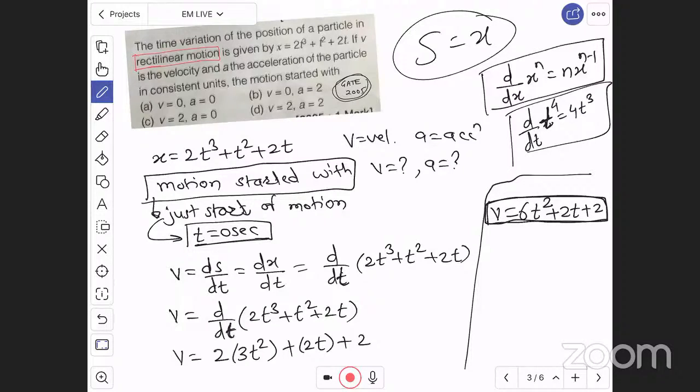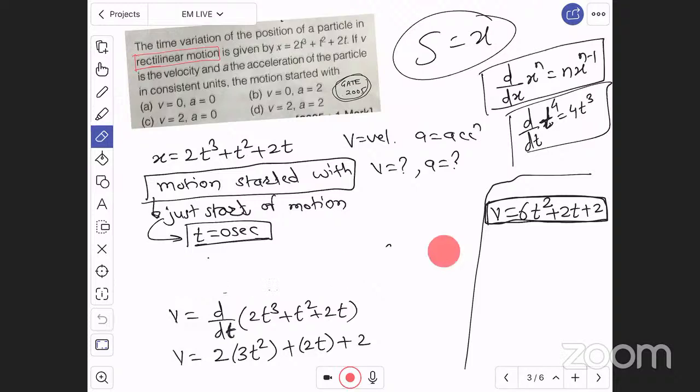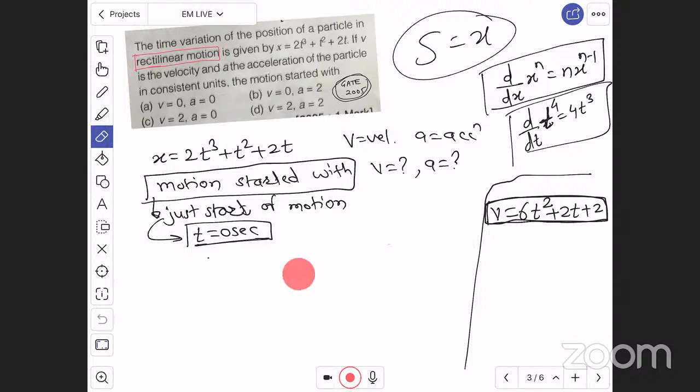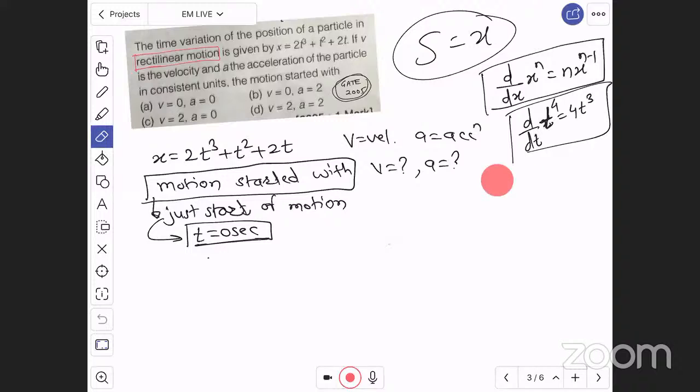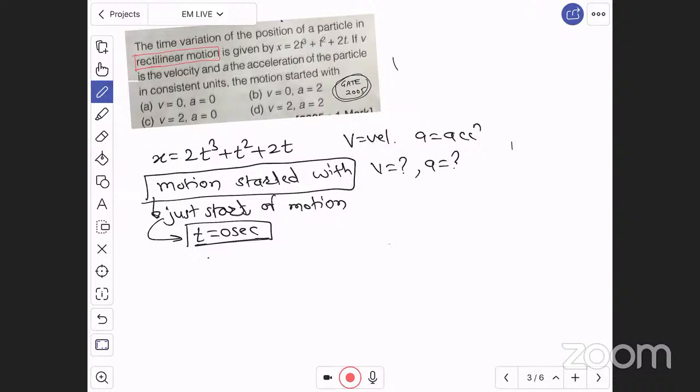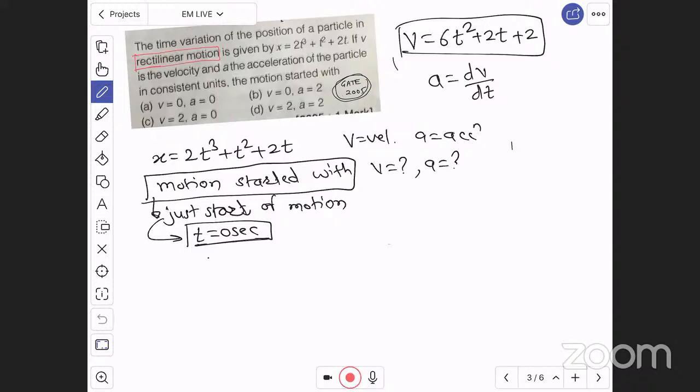Now let us derive the acceleration equation. Once you have the velocity equation, we derive the acceleration equation from it. The velocity equation is v is equal to 6t square plus 2t plus 2. Now what is acceleration? Acceleration is nothing but change in velocity with respect to time, dv by dt.